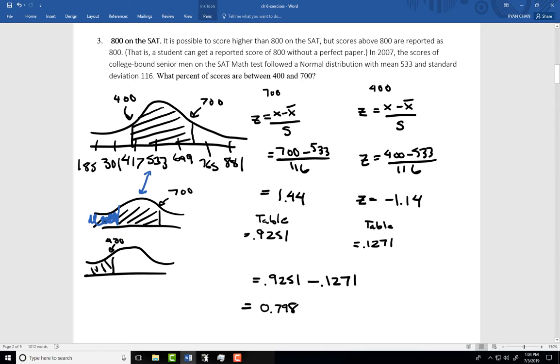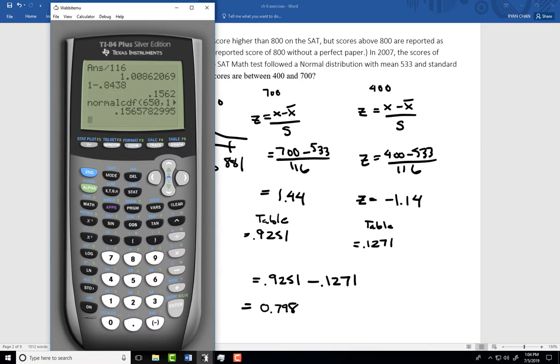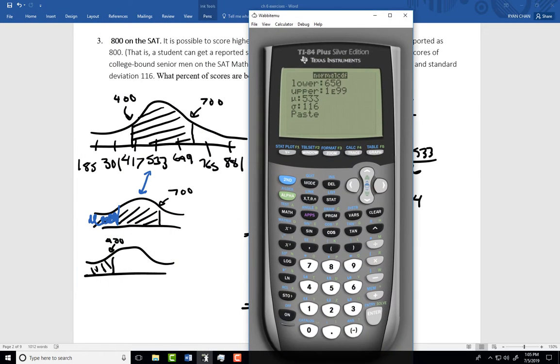Okay. I can also use my calculator, right? I'm going to do normal CDF, second VARS is normal CDF, okay? Make sure you follow the other one that Tyler has done, so you can get familiar with the calculator. But if we're doing this one in a calculator, my lower is 400, because it's smallest for the shaded part.